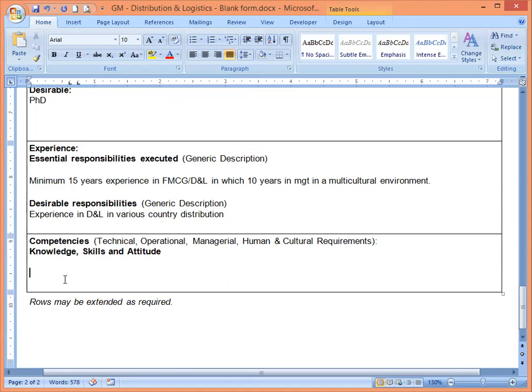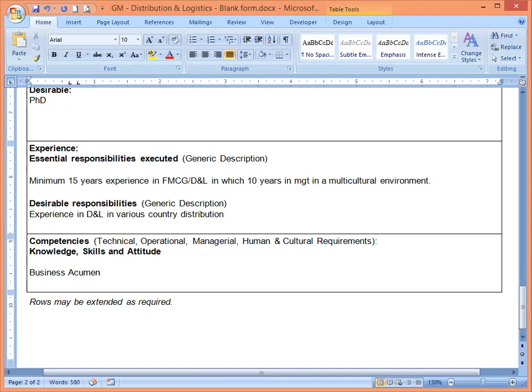Very important for a GM in distribution and logistics. He should have all these competencies in order for him to be able to carry out his work effectively and efficiently. I will just say, business acumen, one of the important, critical competencies.